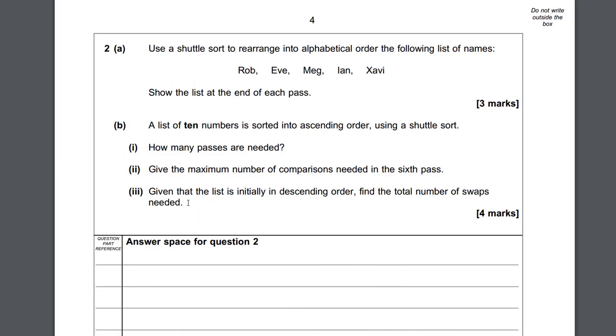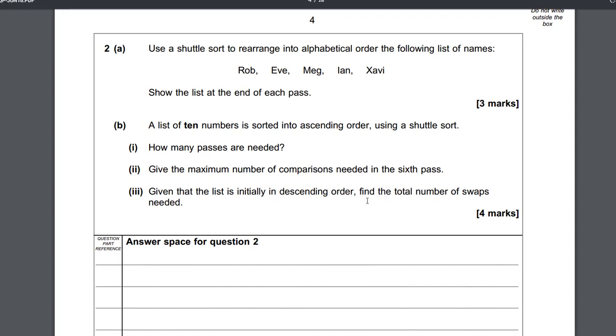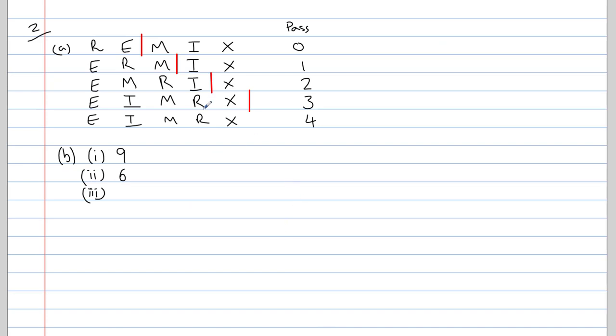Finally, for part 3, it says given the list is initially in descending order, find the total number of swaps needed. Well, if the list is in descending order, each time you start with an item, you're always going to move it right to the end of the list, because it will always be smaller than everything that's come before it. And we already know that on whatever pass number it is, that is the number of swaps that we would need in this case.